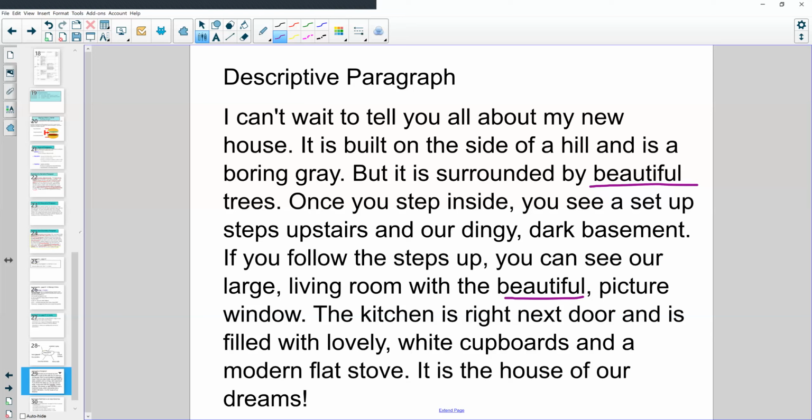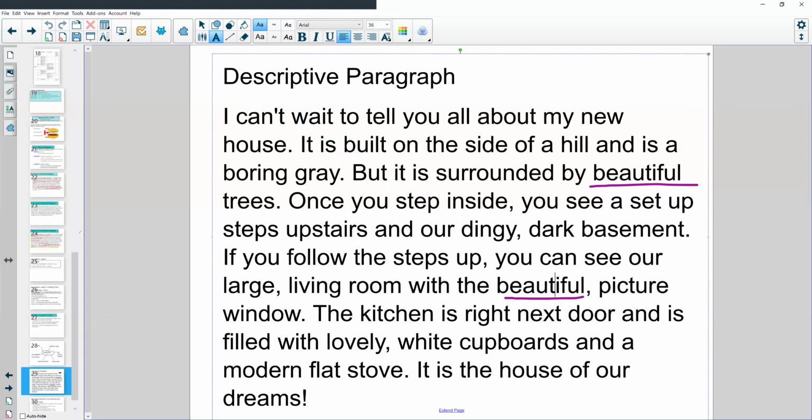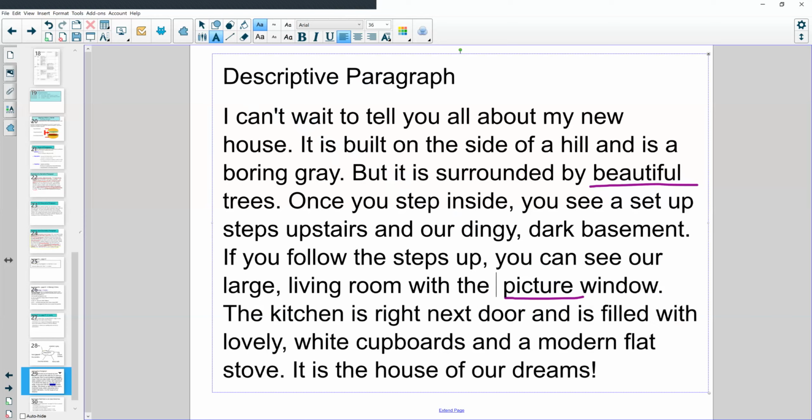Which beautiful do I want to keep? I like the beautiful here. Here just kind of feels pointless. I don't think it'll let me write over it. Had this problem before, didn't we? Will it let me? No. Okay, so I'm going to... oh, what? Oh, it let me cut it.